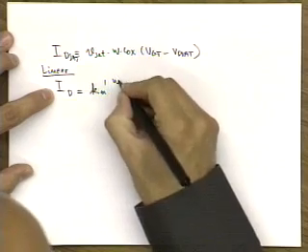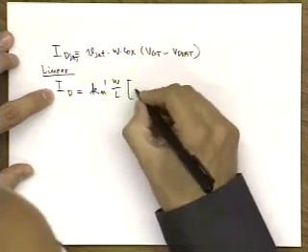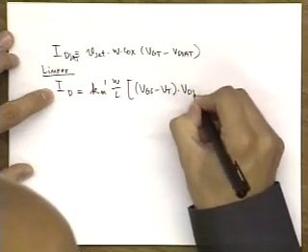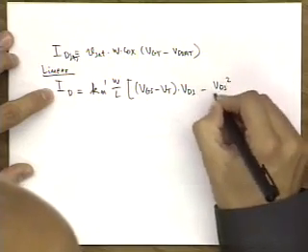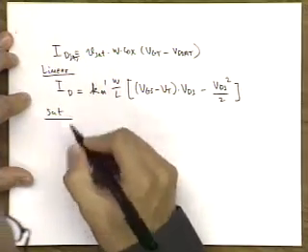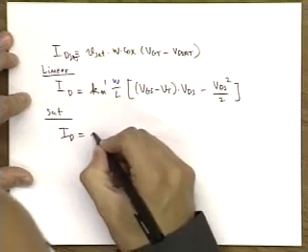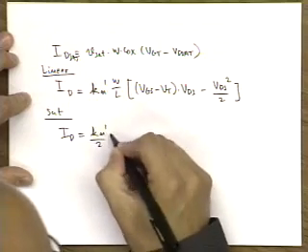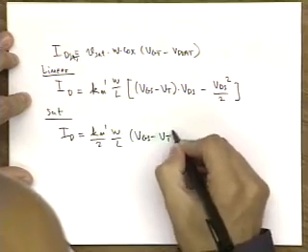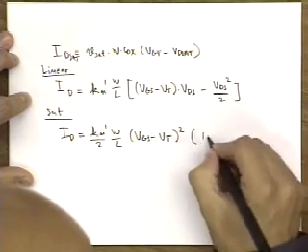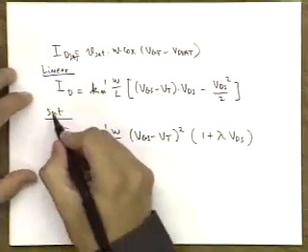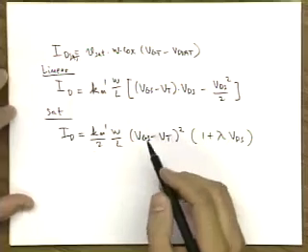ID is equal to Kn prime W over L times VGS minus VT times VDS, minus VDS squared over 2. And then for the saturation we had ID is equal to Kn prime over 2 W over L times VGS minus VT squared, and then this channel length modulation parameter. And then we said these relationships are good for the long channel transistor.